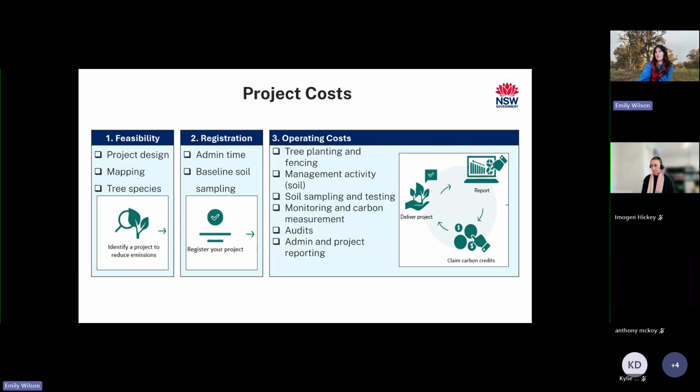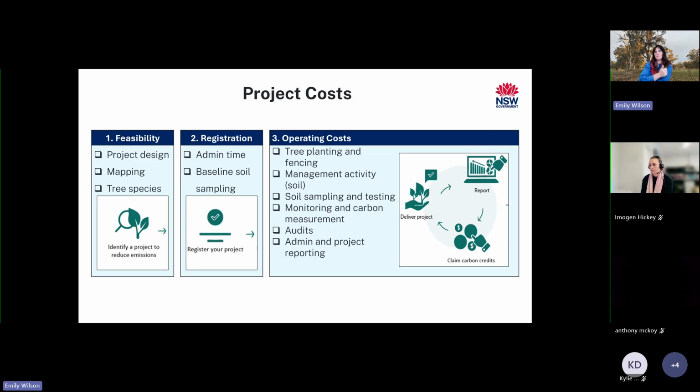So just to run through some of those costs, you've got your feasibility stage or pre-registration stage. So you have project design, mapping, selecting your tree species and doing your planting plan. You've got your registration process where a bit of admin is done, and you do your baseline soil sampling, and then you have your operating costs.